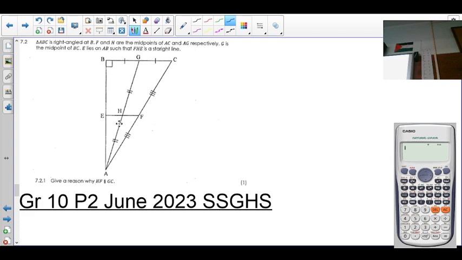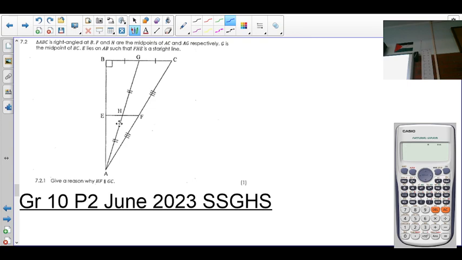G is the midpoint of BC. E lies on AB such that HE is a straight line. Give the reasons why HF is parallel to GC. Because of the midpoint theorem.